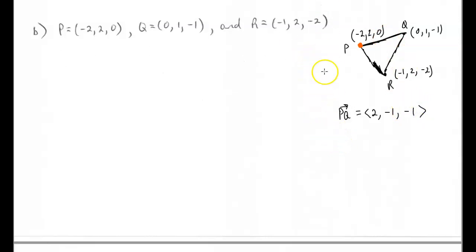All right, so now let's figure out what the vector PR is going to be. So we go from R back to P. So negative 1 minus a negative 2 is the same as negative 1 plus 2, which will give us a 1. 2 minus 2 gives us 0. And here a negative 2 minus 0 gives us a minus 2 here.